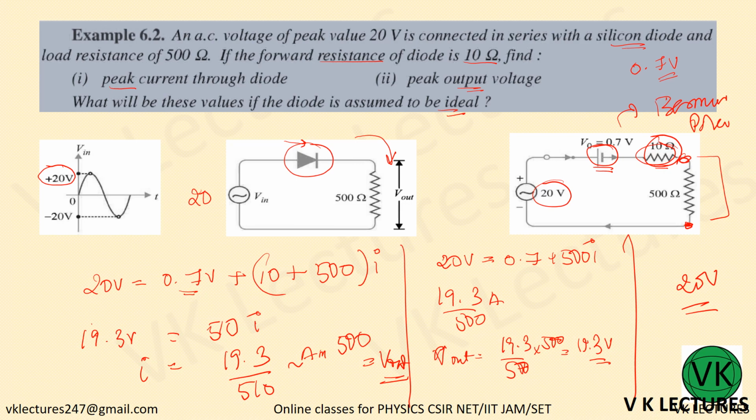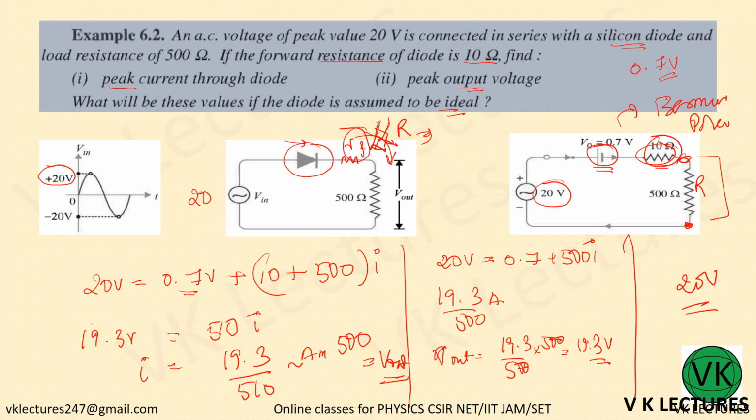Now how to identify which one to use? In the question paper, it won't be given whether to use the approximate model. If your internal resistance RF is very much less than the resistance used, R, then you can neglect RF.